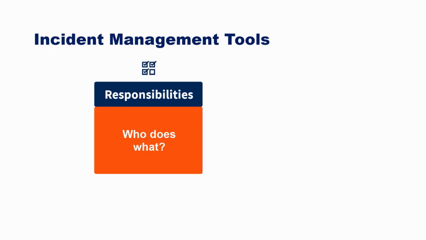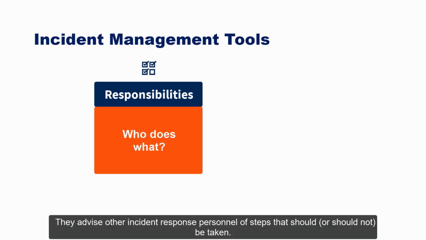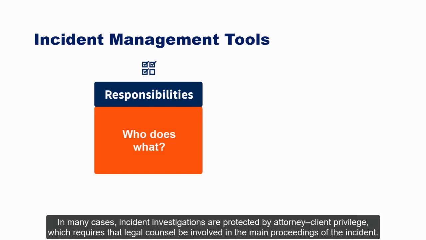Legal counsel. Inside or outside counselors are generally responsible for interpreting applicable laws, regulations, and legal agreements. They advise other incident response personnel of steps that should, or should not, be taken. In many cases, incident investigations are protected by attorney-client privilege, which requires that legal counsel be involved in the main proceedings of the incident.